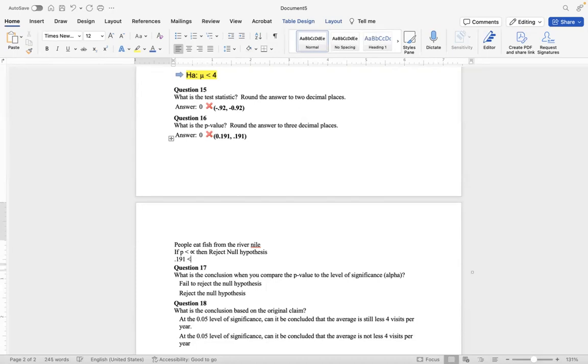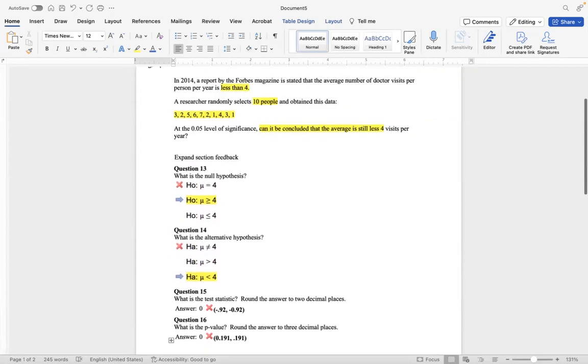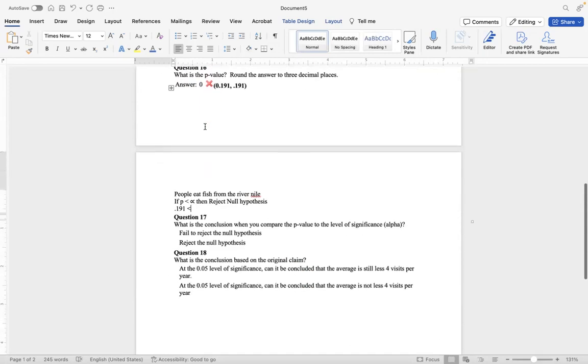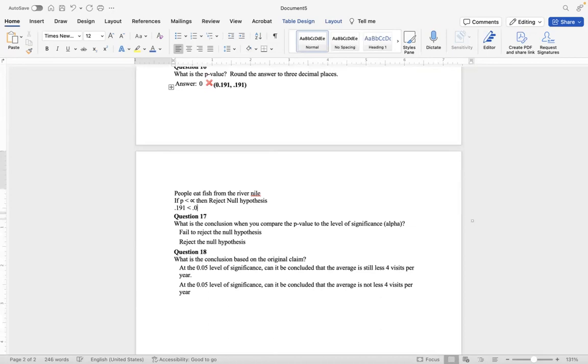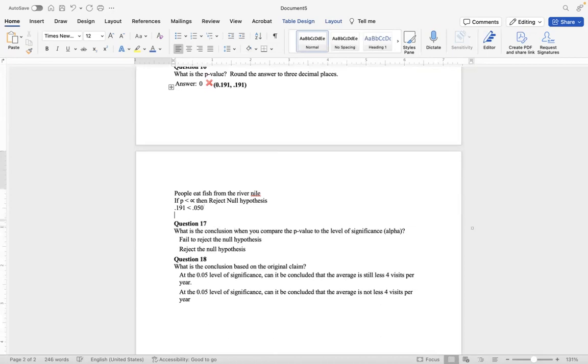And I want to know if that's less than or equal to our significance level. And remember that was given as 0.05. And I always make both of them have 3 decimal places. So really what we're looking for here is whether 191 is less than 50. And it is not.